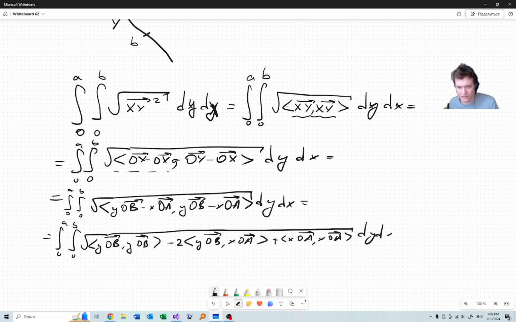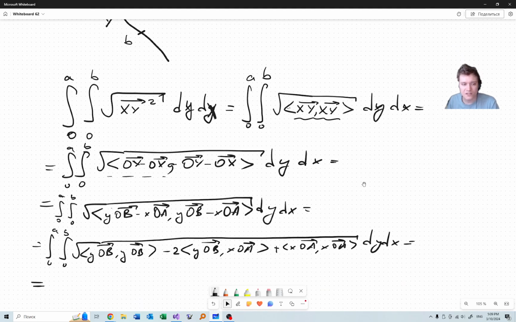dy dx. Now let's notice that since these two vectors are co-directed, and this is a unit vector and this is a unit vector, then this is simply y squared. So here we have y squared.